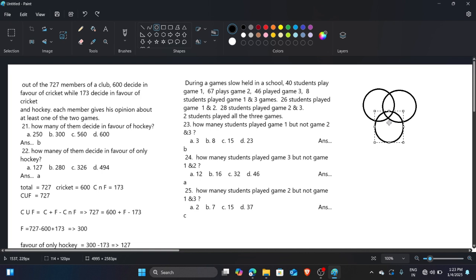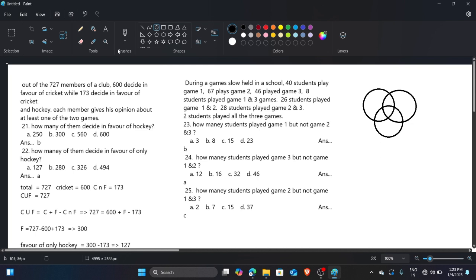Okay, I can do that in that way also, but no problem. Okay, so this is the Venn diagram. Game one, game two, game three, and no others, only three games are there.